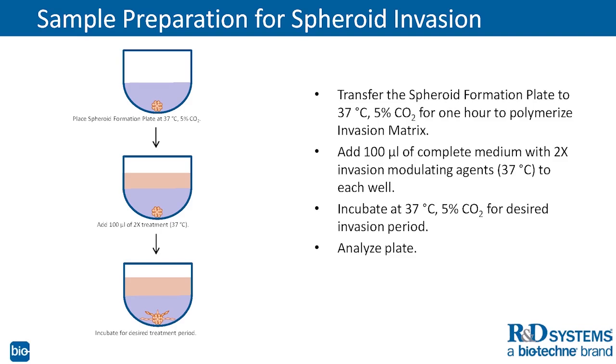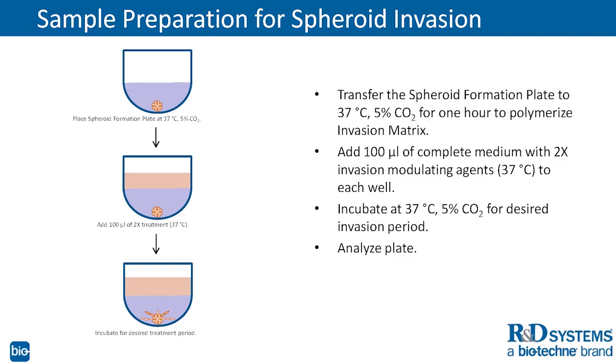Then we'll add 100 microliters of complete media, or media containing chemoattractant such as FBS, with the 2X invasion modulating agents. So this is where you could add inhibitors. And it's, again, a 2X concentration because we're diluting it out. The 100 microliters of media will be going onto an existing 100 microliter hydrogel.